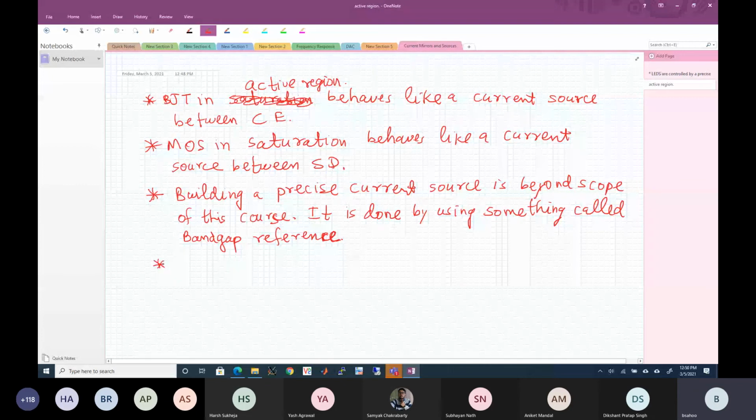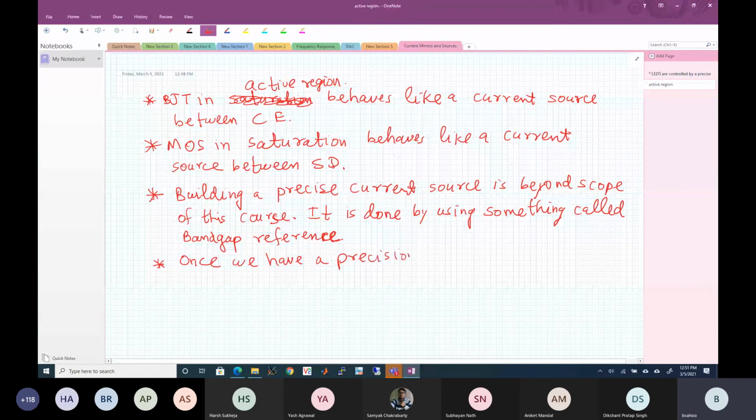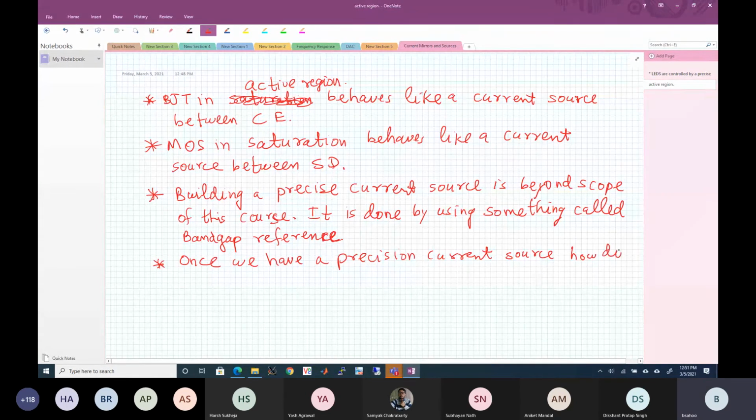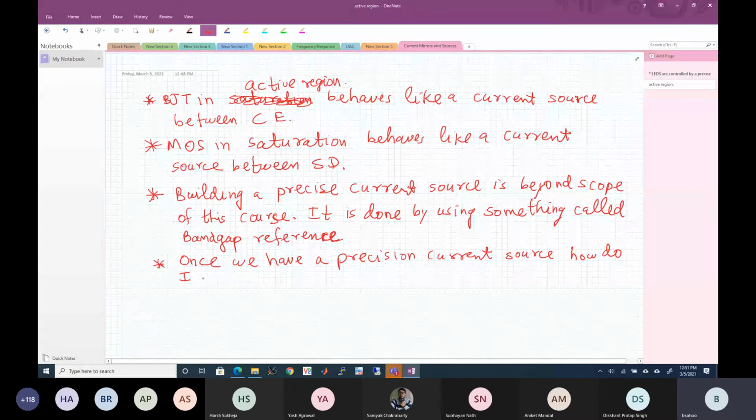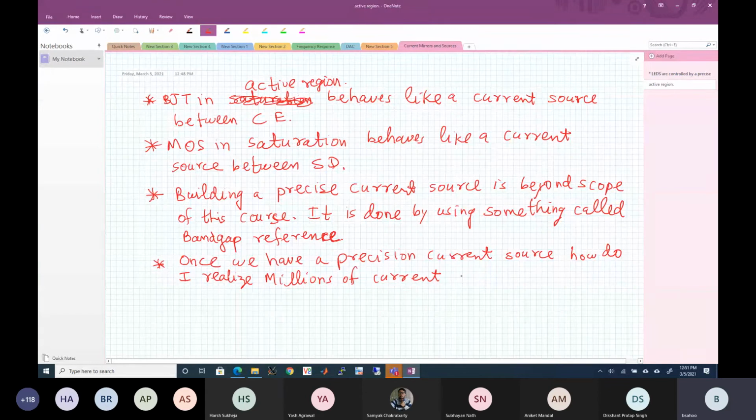We will discuss that once we have a precision current source. How do I realize millions of current sources using that?